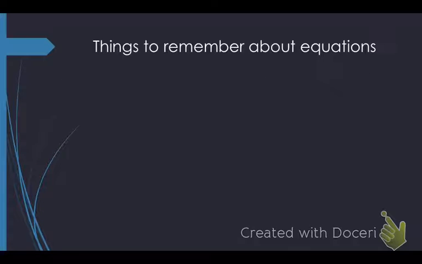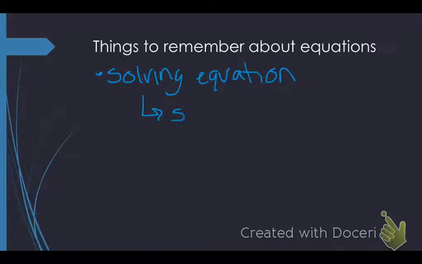So, some things that I want to remember about equations before I dive into my word problems. When I think about solving an equation, my main goal is to isolate the variable.